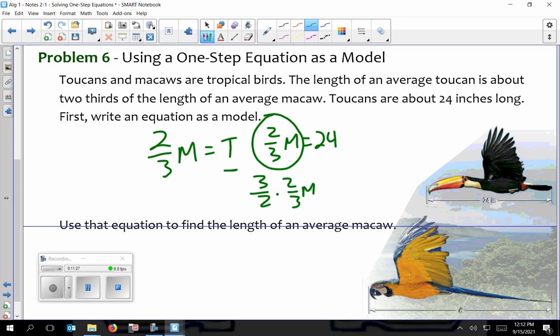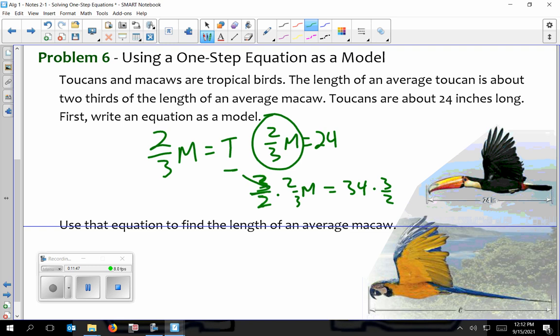I'm going to flip the fraction and multiply. Okay, sorry, hold on. Going too fast here. Okay. When you divide by a fraction, you have to multiply by the reciprocal, which means flip it.